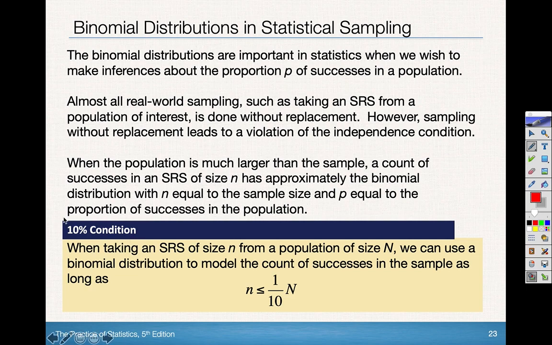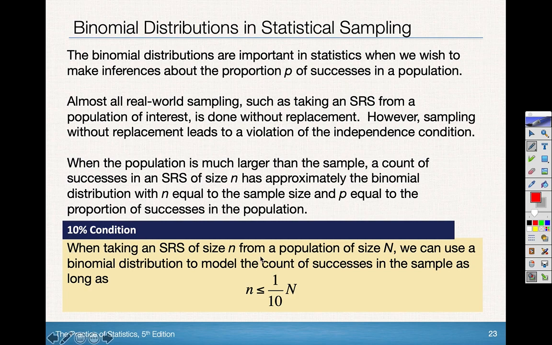So this 10% condition is so we can assume independence when sampling. When we can't assume independence by just saying it straight up, we say, okay, if the population is at least 10 times larger than the sample, we are safe to assume independence.